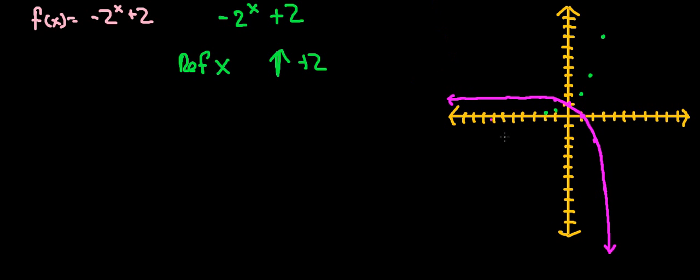So here is our function, minus 2 to the x plus 2. And I may as well draw in the original one for comparison. This is 2 to the x.